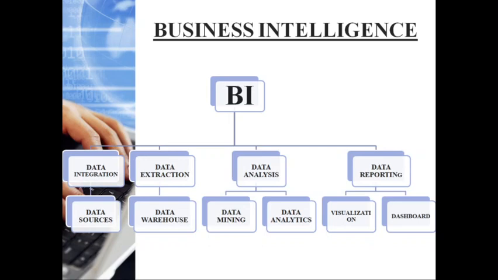Business intelligence could be categorized into four functions. The first stage is data integration. The second step is data extraction. The third step is data analysis, and the fourth step is data reporting.